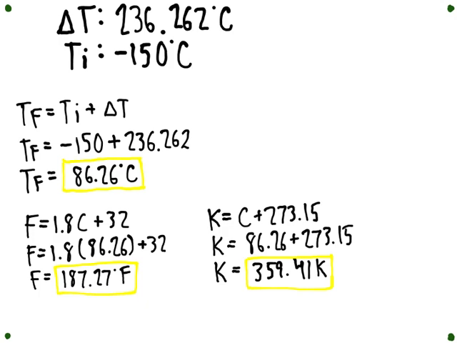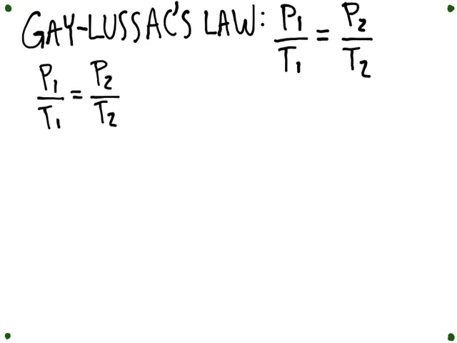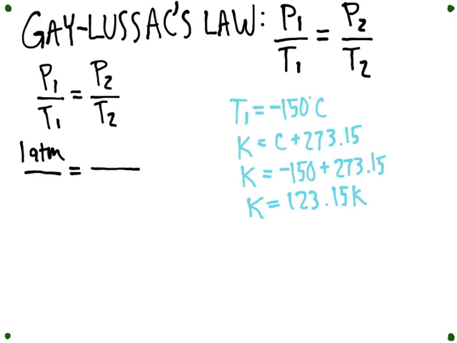Finally, we need to figure out the final pressure of the argon gas. For this, we will use Gay-Lussac's law, which states that pressure and temperature are directly related. This is the equation we'll use. Here, we put our initial pressure, 1 atmosphere. We also put our initial temperature in Kelvin, which when converted is 123.15 Kelvin.